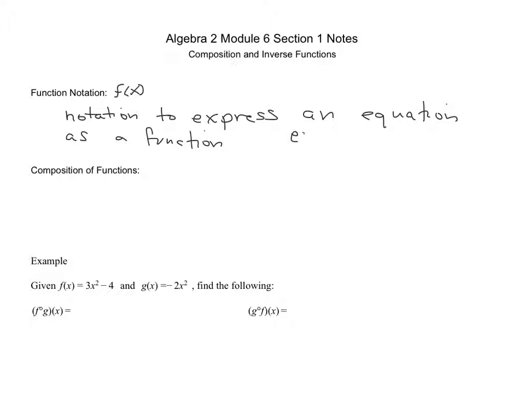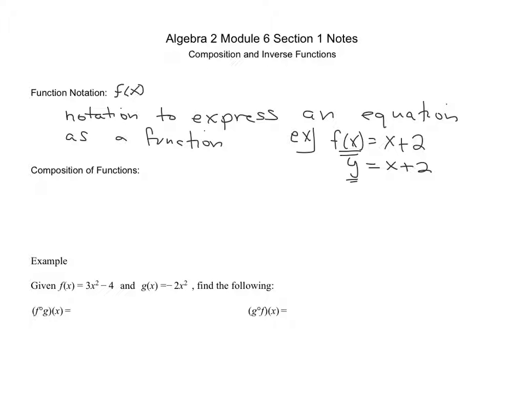So if I look at an example, if I say something like f of x equals x plus 2, that's really the same thing as saying the equation y equals x plus 2, where this f of x is just really shorthand for y. Y is our output, x is our input.